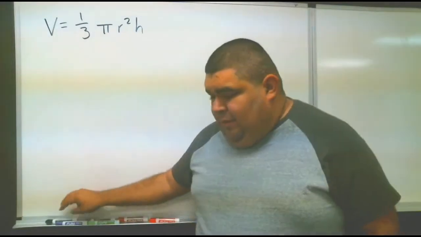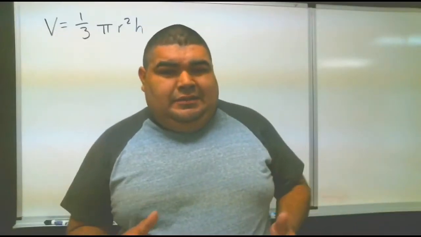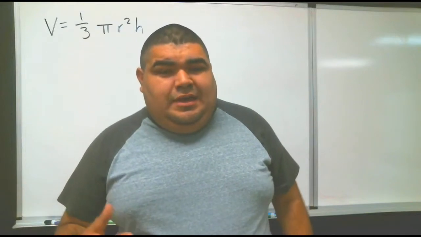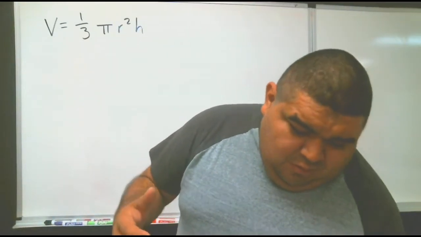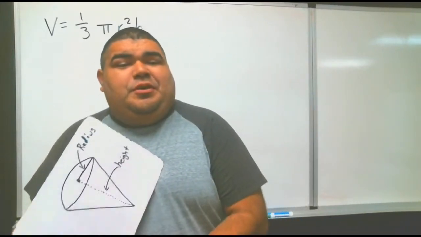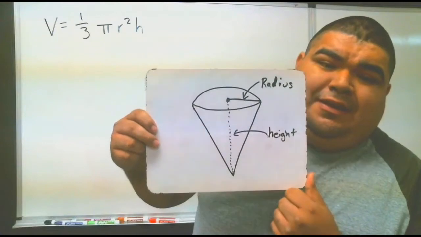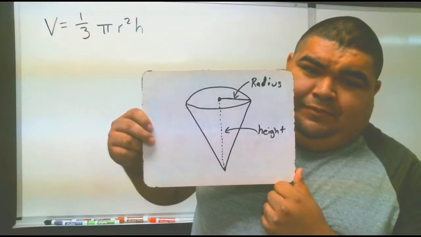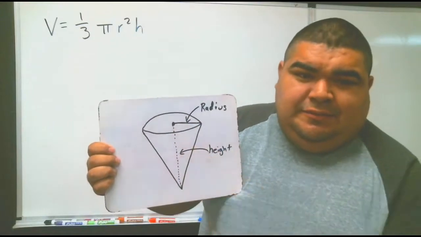Now that we know the equation, if you remember last class, the cone had the altitude, also known as the height. All we really need from the cone are the radius and the height. Remember, the altitude is also known as the height.